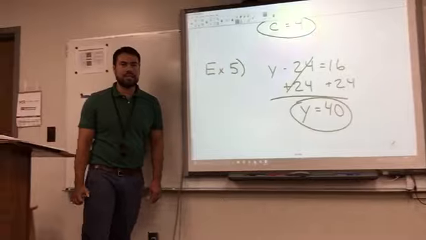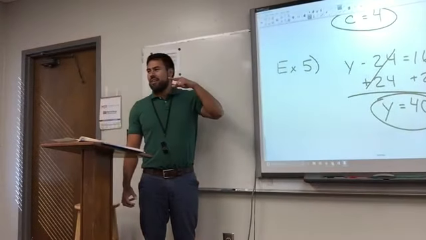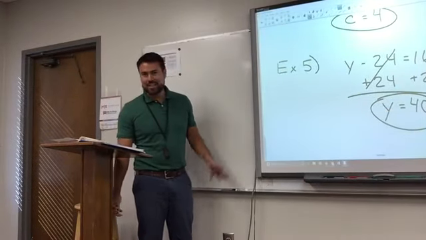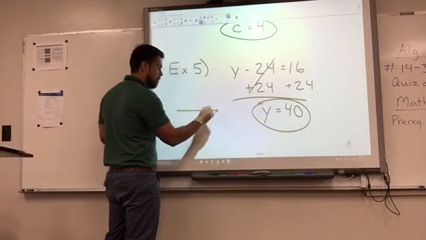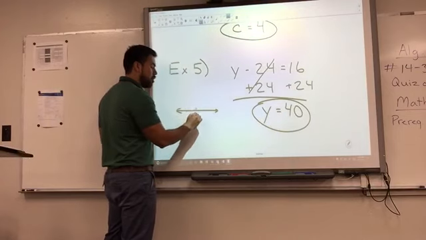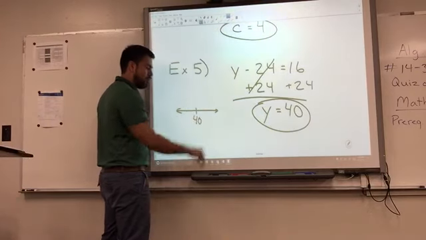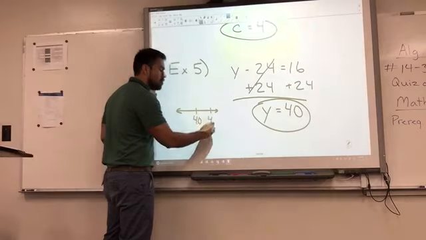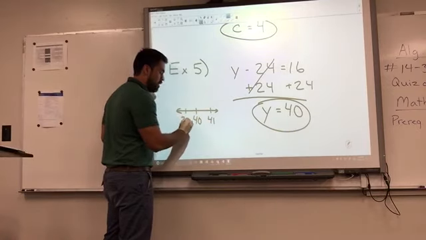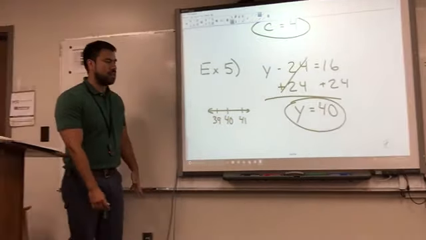What did the second part say to do? Graph it on a number line. What? On a number line? Yes. Watch what you have to do. Please listen carefully. You draw a little number line, and in the middle, you're going to draw the number that you got for your answer. And all I require is a number after and a number before. Just one integer before and after. That's it.